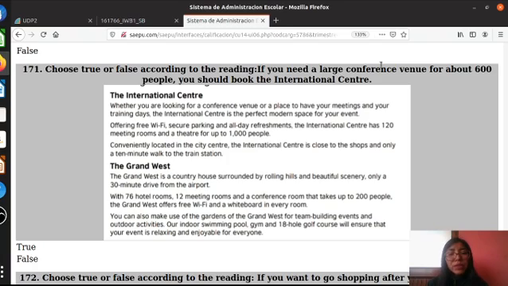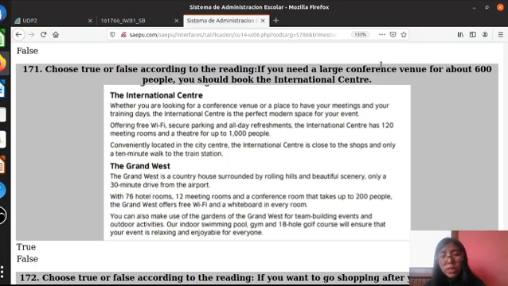We are going to read the second. The Grand West. The Grand West is a country house surrounded by rolling hills and beautiful scenery. Only a 30-minute drive from the airport. Quite 76 hotel rooms, 12 meeting rooms, and a conference room that takes up to 200 people.